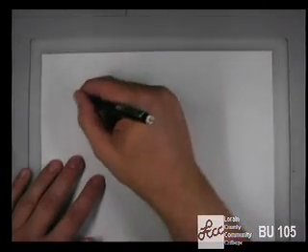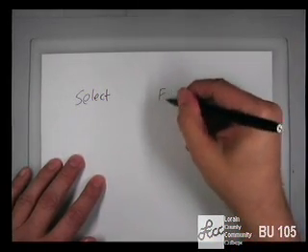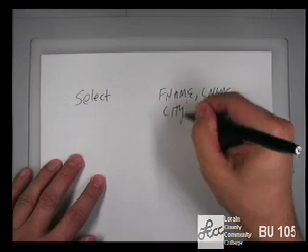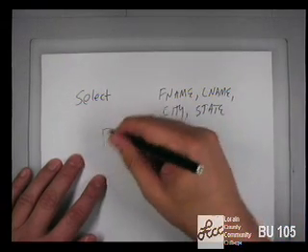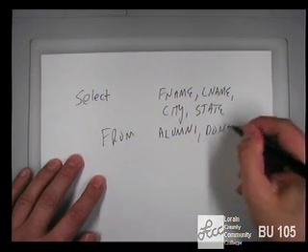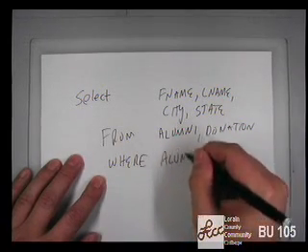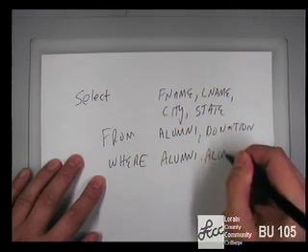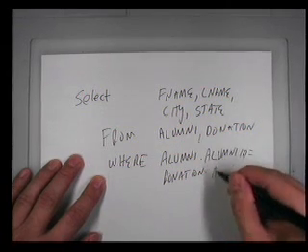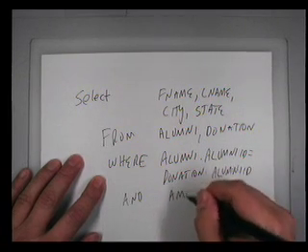It would look something like this. Select, let's say, F name, L name, city, state, from alumni, donation, where alumni ID equals donation dot alumni ID and amount greater than 1,000.